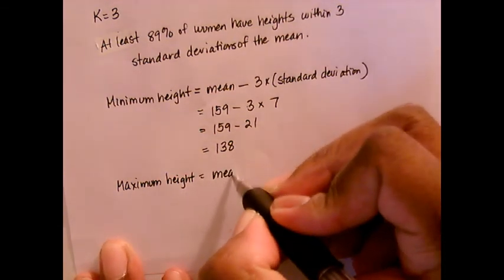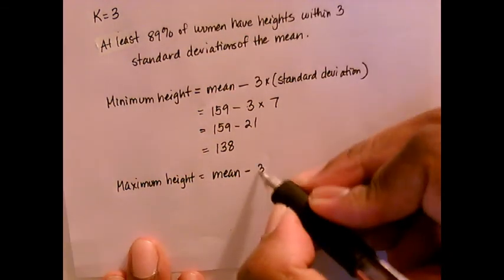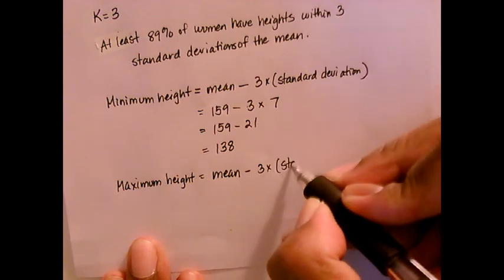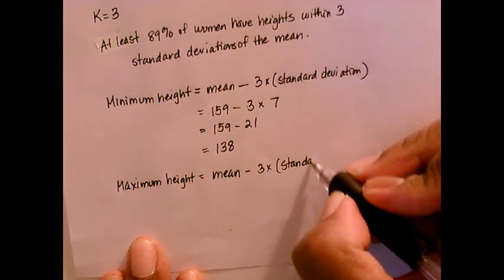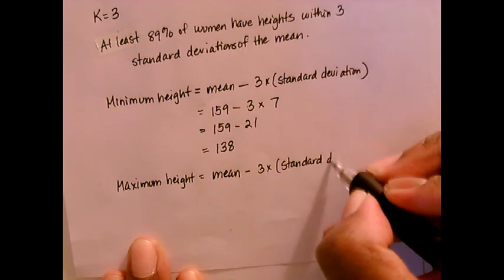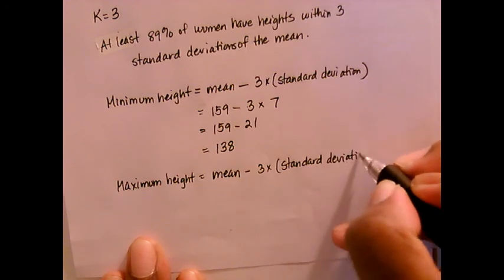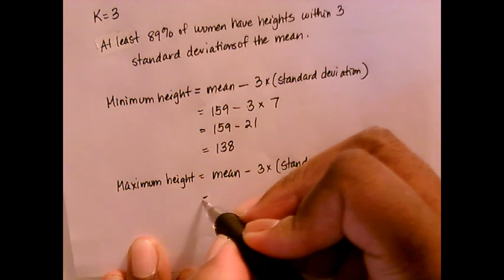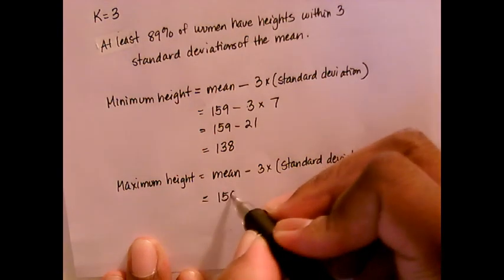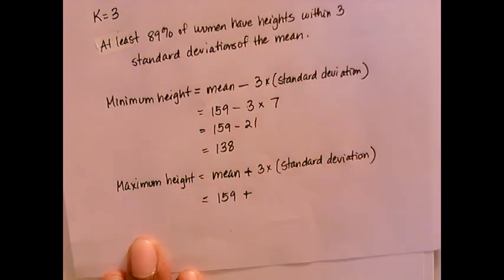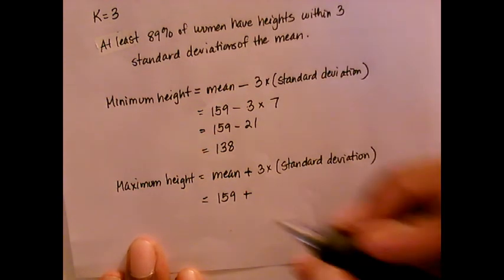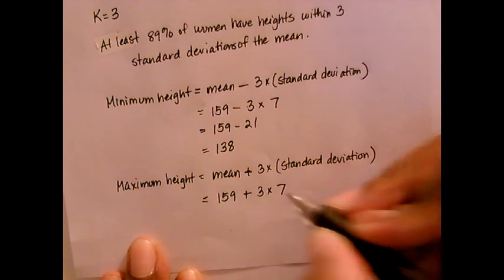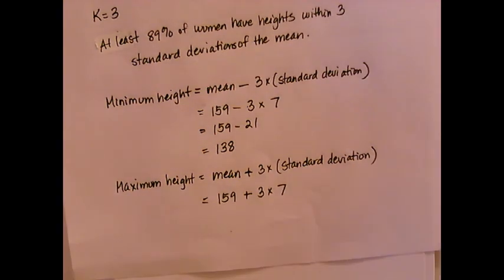Now for the maximum height, of course, will be the mean plus 3 times your standard deviation. And here your mean, again, is 159. This time it's going to be plus. I should have said plus here. So it'll be 159 plus 3 times 7, because 7 was your standard deviation.